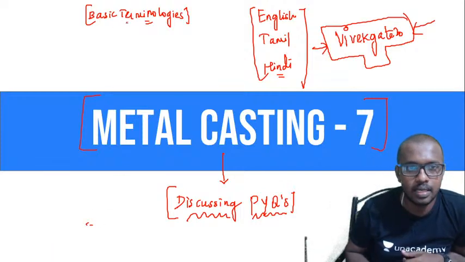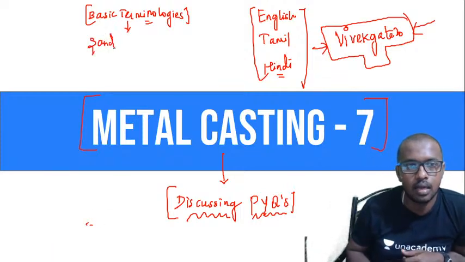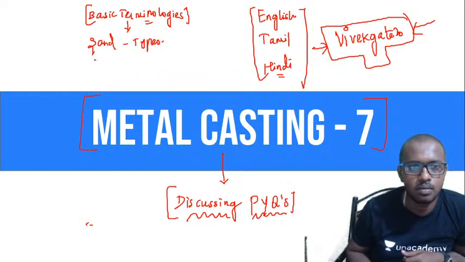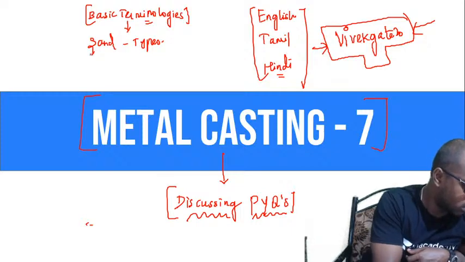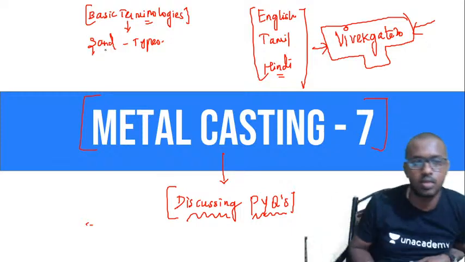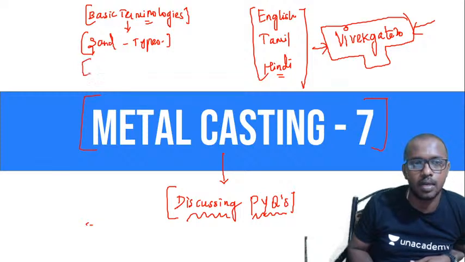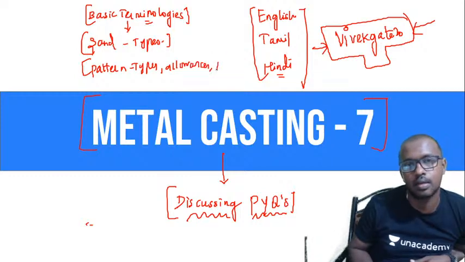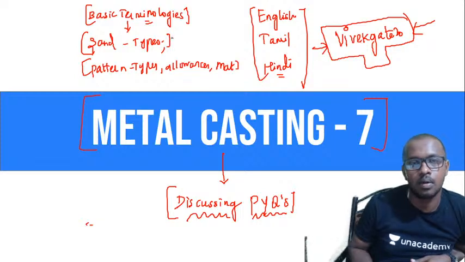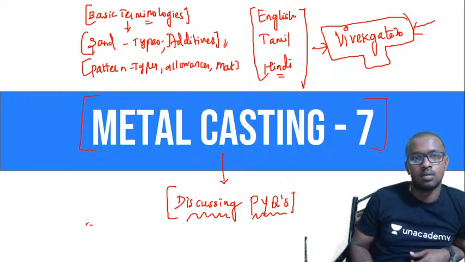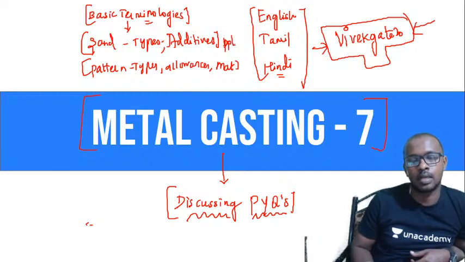So the basic terminologies have been completed. Sand and its types have been completed, followed by the pattern, its types, the allowances, and the materials. We have also completed the additives that we use, and the properties of the sand as well.